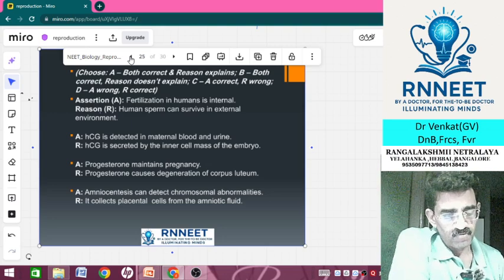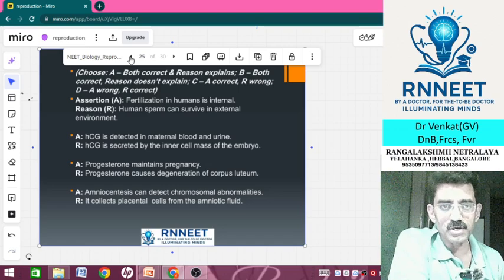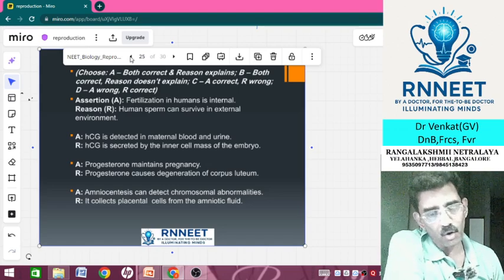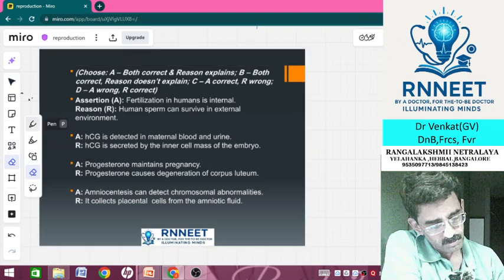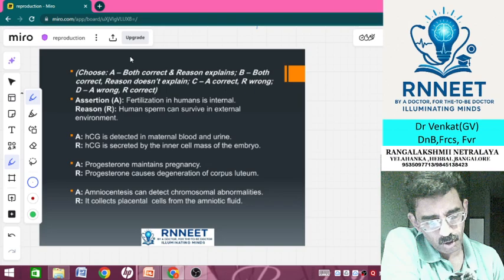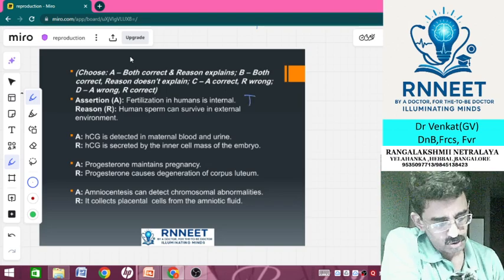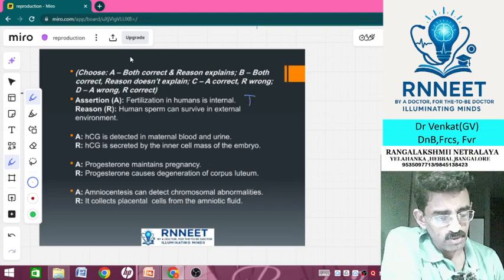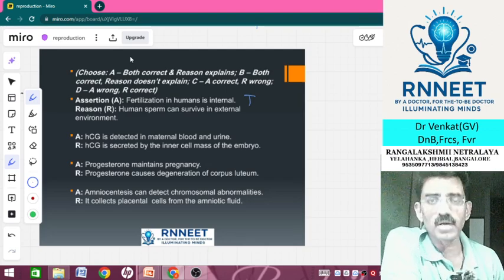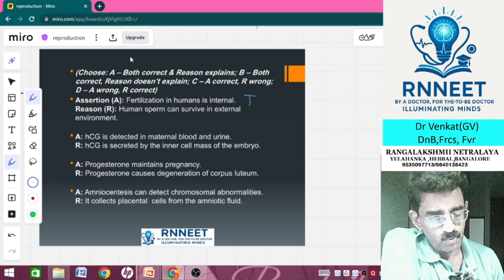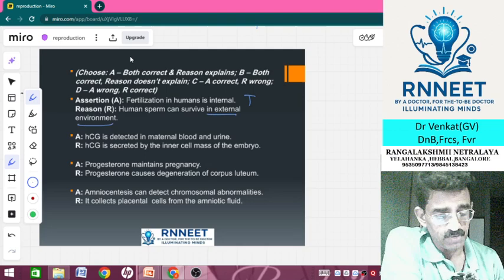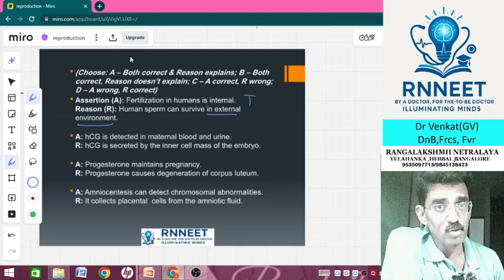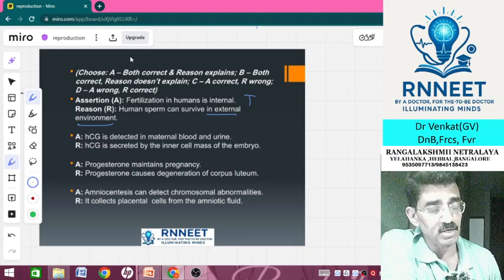First one: fertilization in humans is internal, correct or wrong? Well, that is true. Reason: the human sperm can survive in the external environment. If the human sperm could survive in an external environment, fertilization would have been external, but fertilization is internal. So human sperm cannot survive in an external environment.